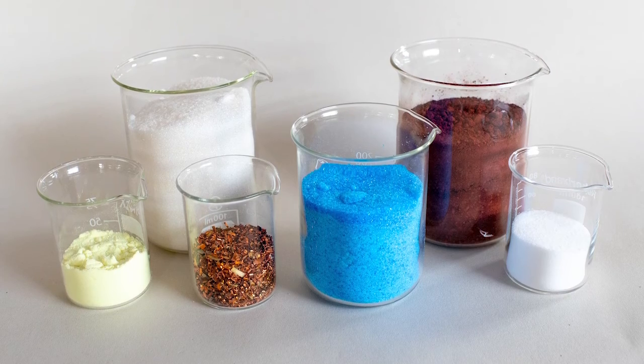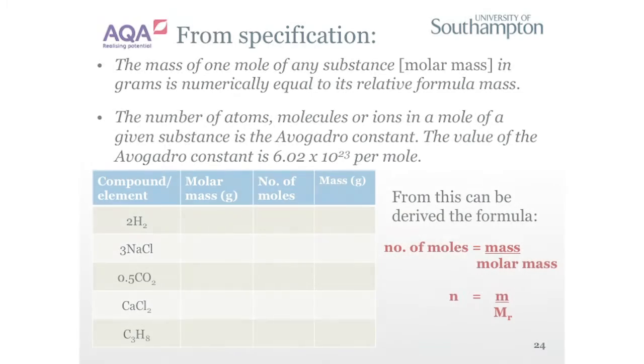So the next slide has a few key points on it which relate to what we've just been talking about. The mass of 1 mole, which is called the molar mass and has a symbol of capital M, lowercase r, of a substance in grams, is numerically equal to its relative formula mass. 1 mole of substance contains the same number of entities.